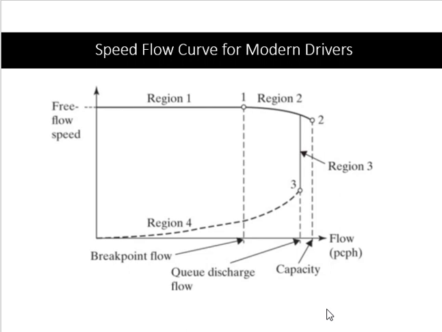Then region 2 is a smooth curve. So flow increases, speed decreases. It happens till what? Capacity. So till capacity, the speed decreases, flow increases. Then at capacity you see what happens. There's a sharp drop, right?